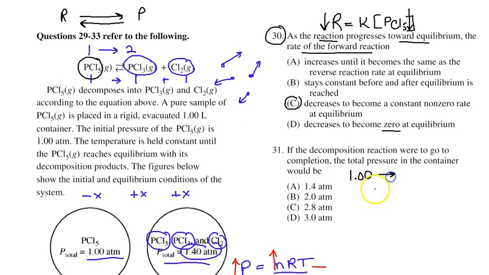We know this is going to be 1, 0, 0, and it's going to go to completion, which means it's going to be minus the entire pressure. And my 2 products would be plus 1 atmosphere and plus 1 atmosphere.